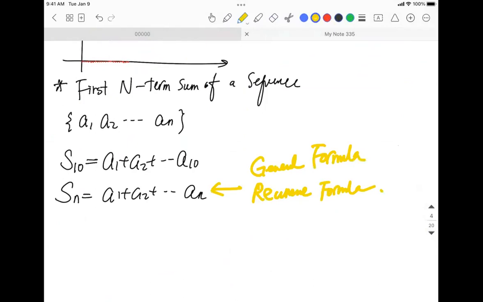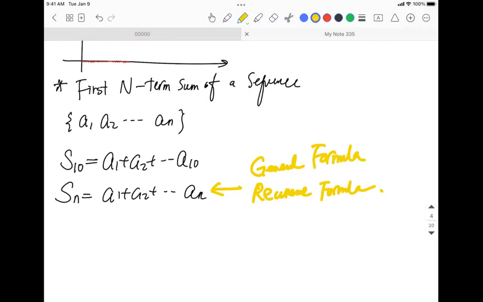So all the way to here, maybe you have already realized that the general formula and the recurrence formula are the foundation of the sequence. Having a good understanding of these two important formulas and elaborating from there, you will be able to do a lot of interesting stuff.